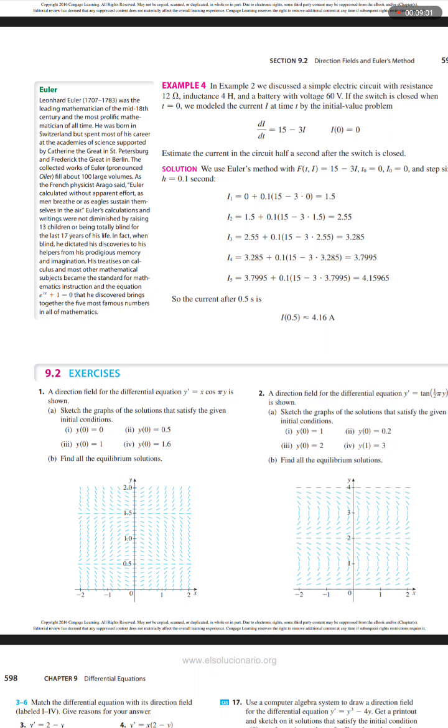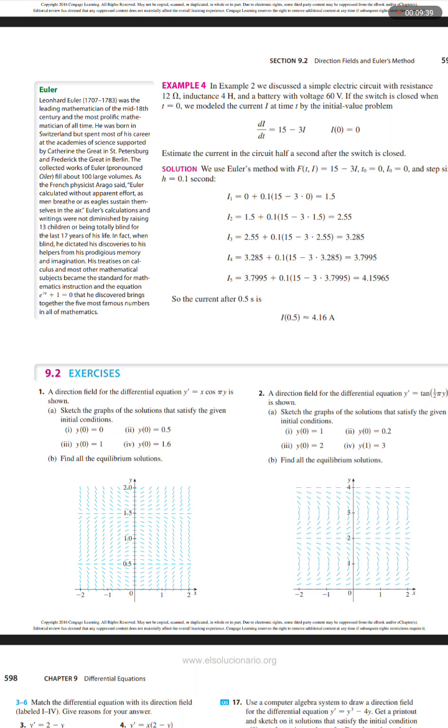Sidebar: Leonard Euler, from 1707 to 1783, was the leading mathematician of the mid-18th century and the most prolific mathematician of all time. He was born in Switzerland but spent most of his career at the academies of science supported by Catherine the Great in St. Petersburg and Frederick the Great in Berlin.